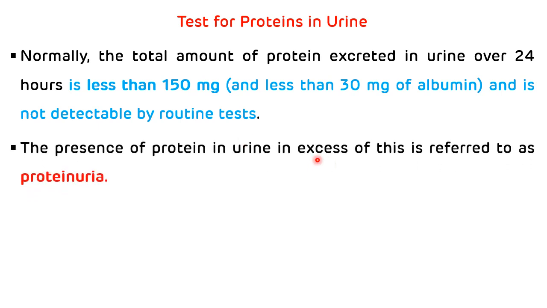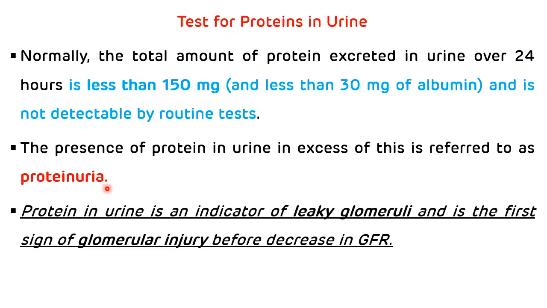The presence of protein in urine in excess of this is referred to as proteinuria. Protein in urine is an indicator of leaky glomeruli and it is the first sign of glomerular injury before any decrease in GFR.